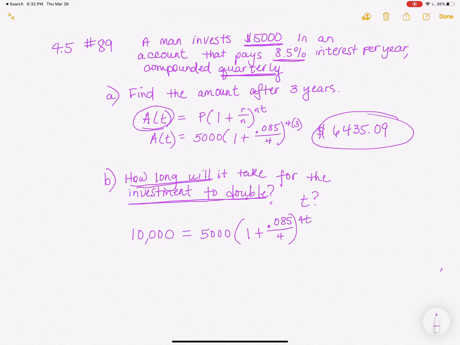All right, now, the first thing you're going to want to do when you're solving an exponential equation, and this is an exponential equation because my variable is in my exponent, that's my unknown, is get that expression by itself. So I'm going to get this expression by itself first. So I'm going to divide both sides by 5,000.